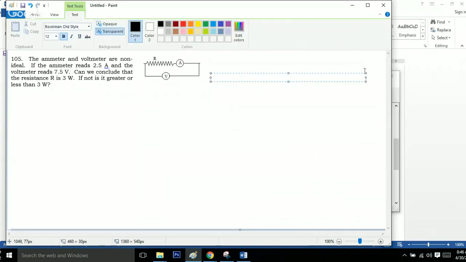Ideal ammeter resistance is 0, and ideal voltmeter resistance is infinity. This is something, just for a few days you wait, then that will be clear. Ideal ammeter resistance is 0. Ideal voltmeter resistance is infinity.